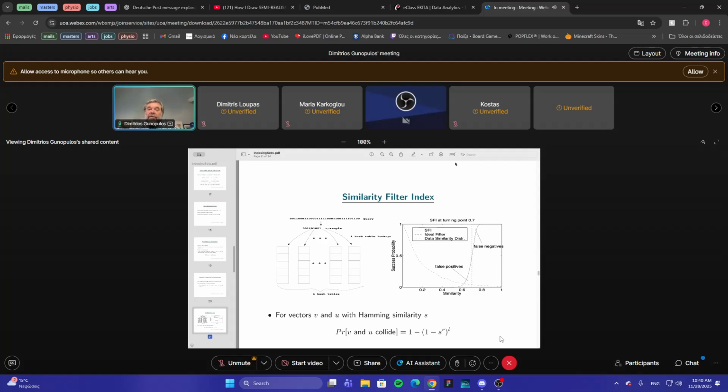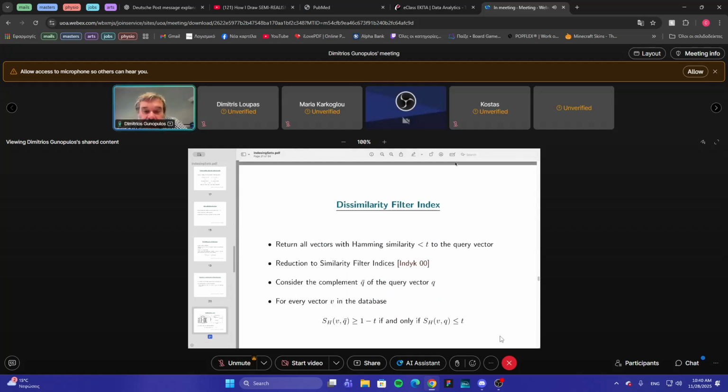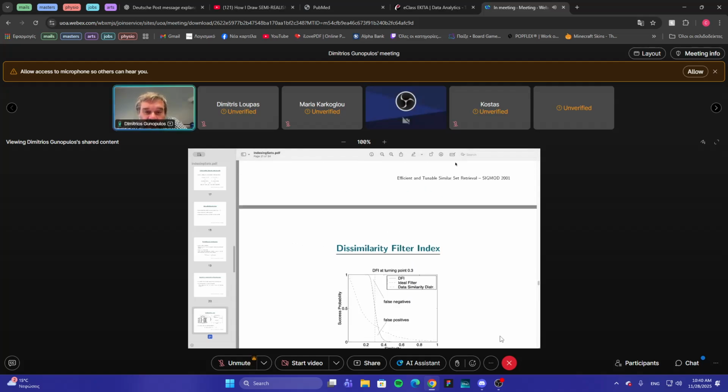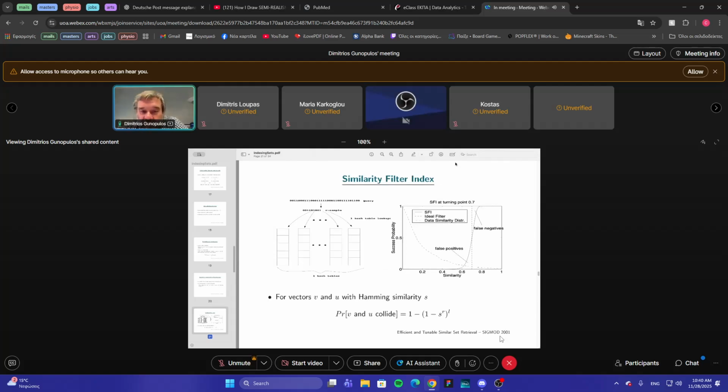So now for the remainder of the class, I'm going to give you the intuition of how this works. The basic idea is the following.